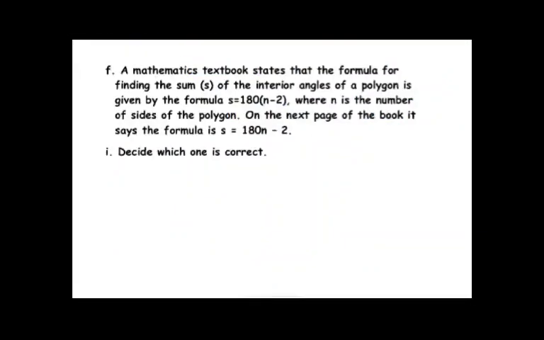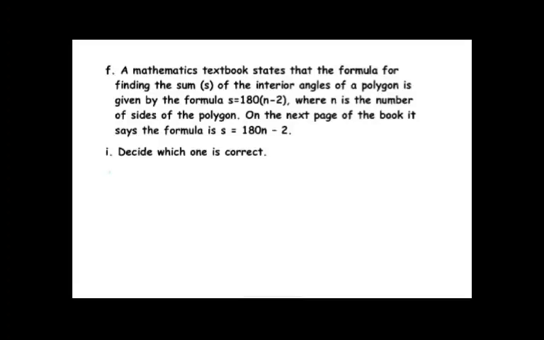Question 6F says, a mathematics textbook states that the formula for finding the sum S of the interior angles of a polygon is given by S is equal to 180 n minus 2, where n is the number of sides of the polygon. On the next page of the book, it says the formula is S is equal to 180 (n minus 2).